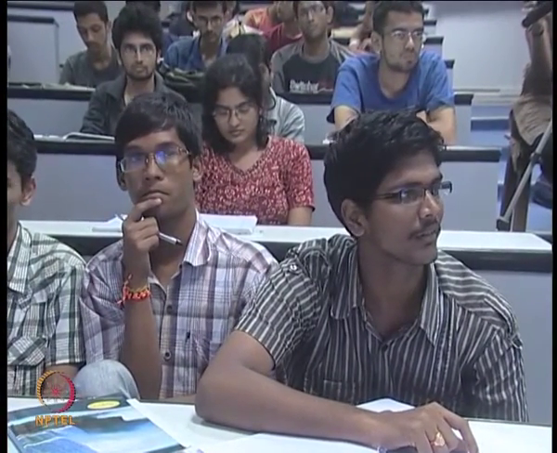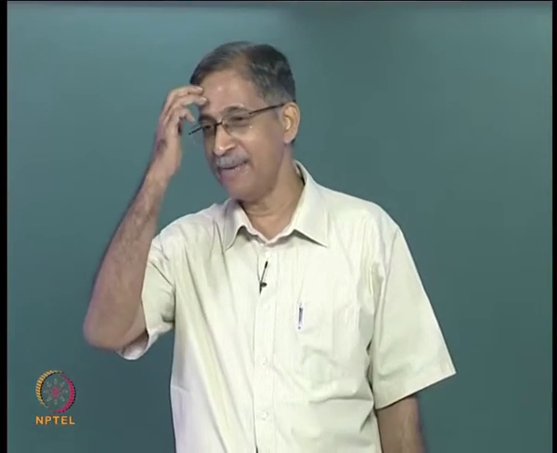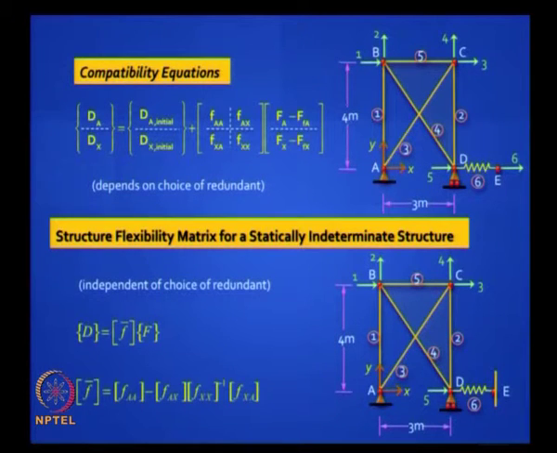So it is a potential quiz question. Now you all wake up. Using whatever redundant you have chosen, can you write a flexibility matrix for this structure? So I will give you the answer, you can prove it, but I will leave the proof to you, okay.